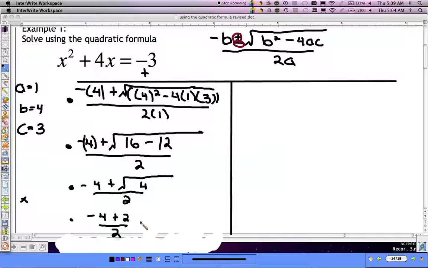Negative 4 plus 2 is negative 2 divided by 2, which is equal to negative 1. So that's one of our solutions. We can put it in our curly brackets, negative 1. And now we need to look at the other case to find our other solution.